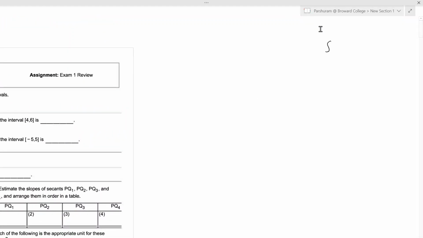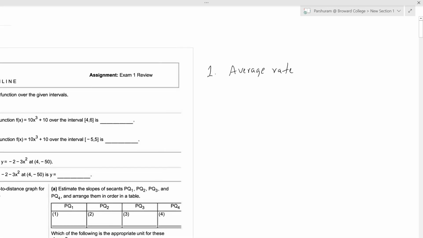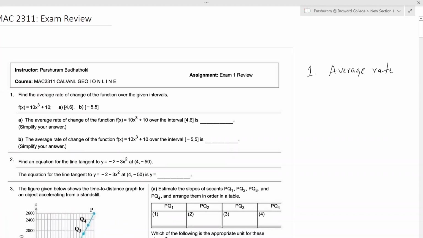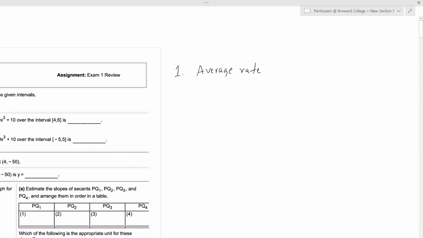So let's start. Average rate of change of the function can be found over an interval from a to b for the function f of x using this formula: f of b minus f of a over b minus a.